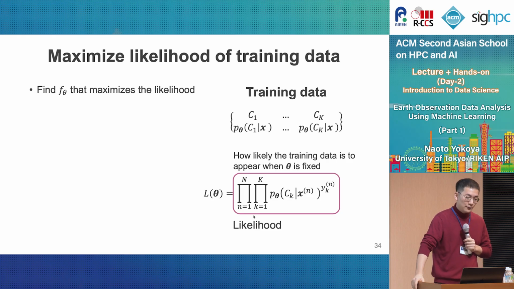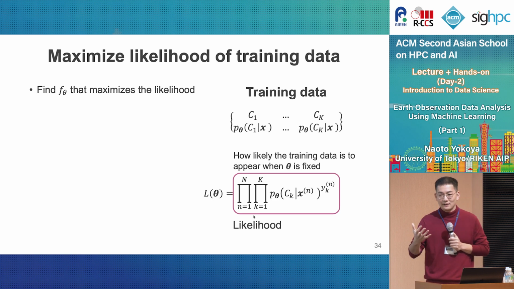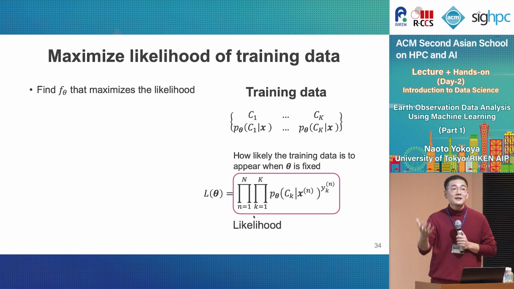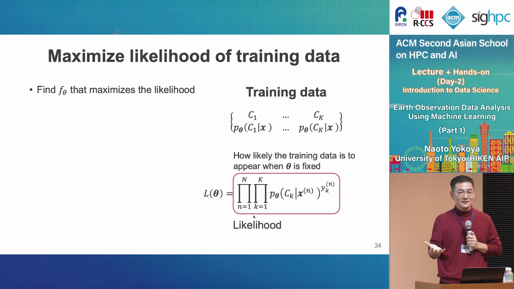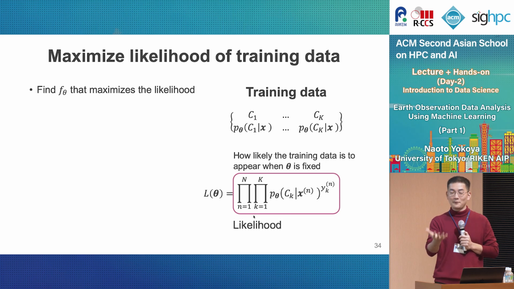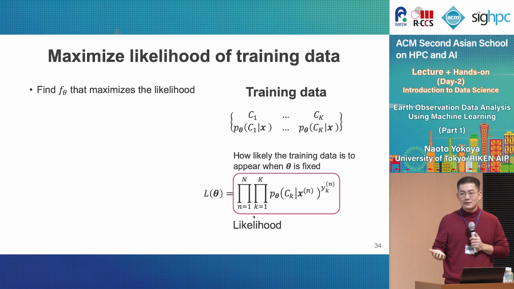And we want to maximize this likelihood of the training data. Because training data is something we randomly collect, and it already appears. It exists in this world. So if the probability of the training data set appearing is very low, that is not good, right? Because it already appears as a fact, right? So the probability should be high.